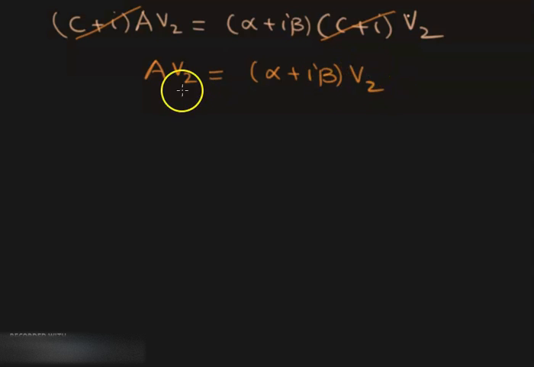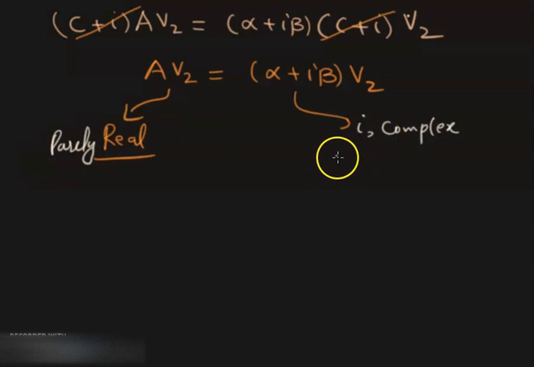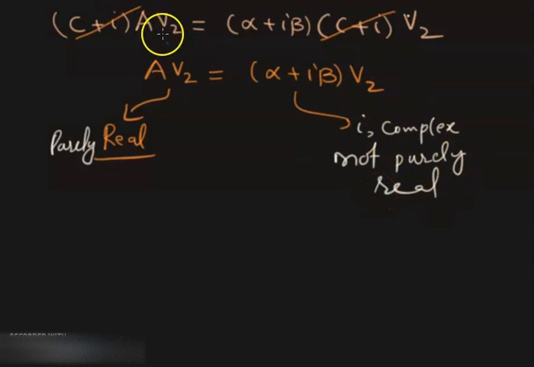Now you notice that the left side is real, because v2 is real and the matrix entries are real, so this multiplication must be real. But the right side involves iota, in other words it is complex. So this part is purely real and this part is not purely real; the other part involves the imaginary. So that's basically the contradiction.